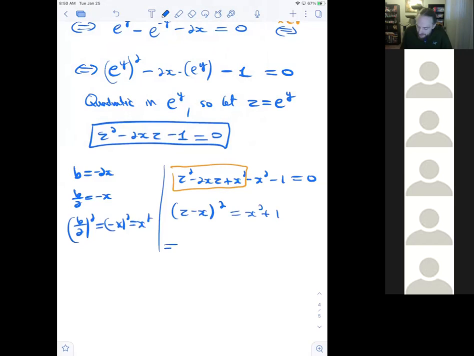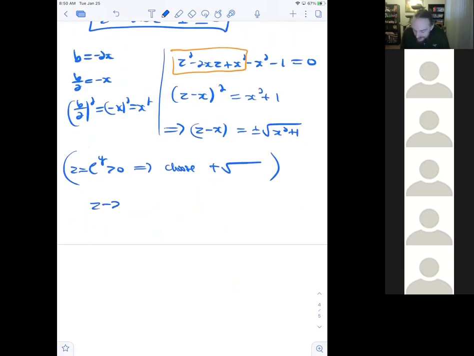This tells me that now I'm solving for z. z minus x is equal to plus or minus the square root of x squared plus 1. And we know that e to the y, which is equal to z, is greater than 0. So we choose the positive square root.